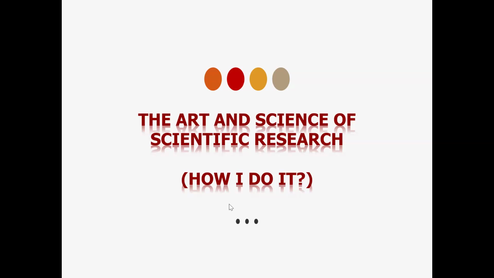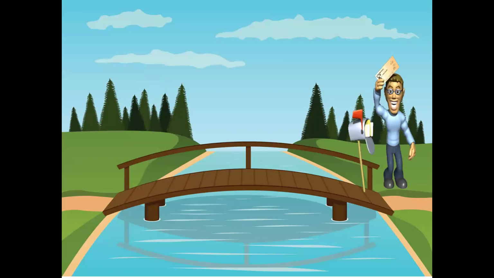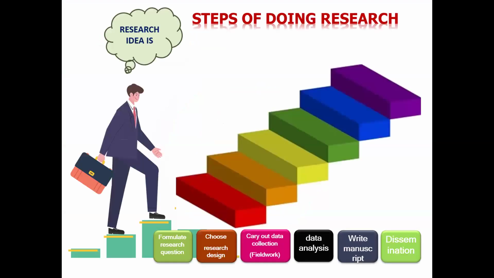We will continue our journey to discuss the art and science of scientific research. As we start our journey, we are starting from having an idea for our research, and we will end by publication of our research. So now we will have some flashback about our previous lecture.